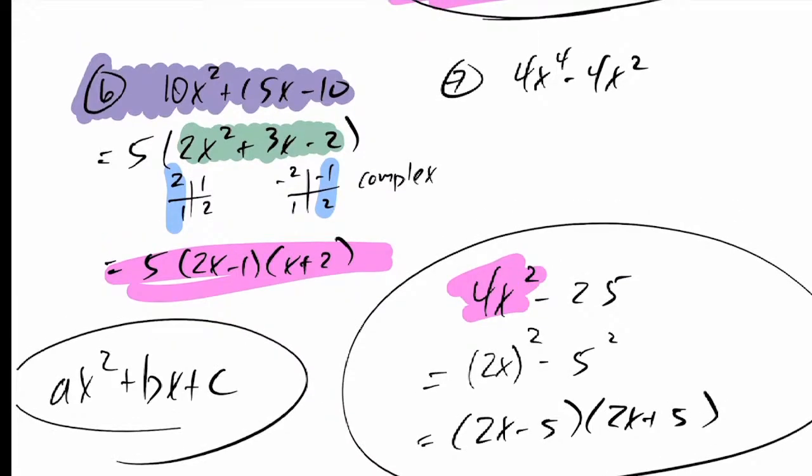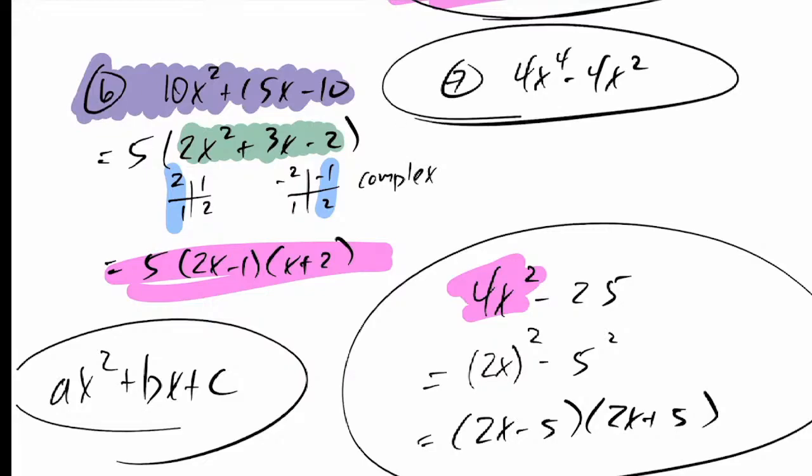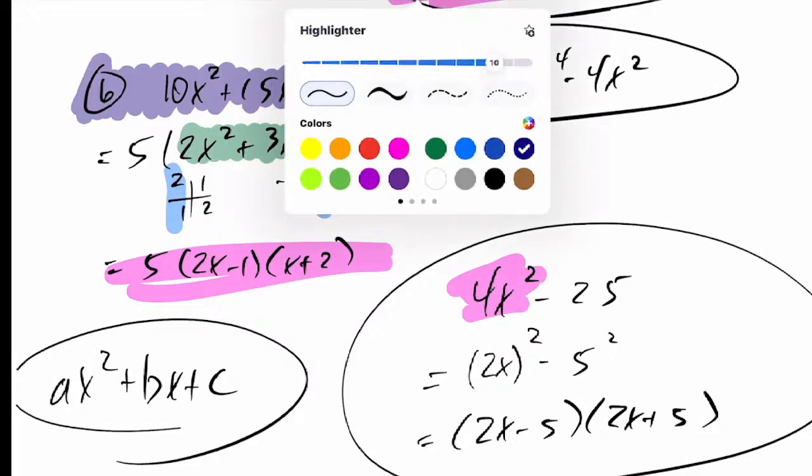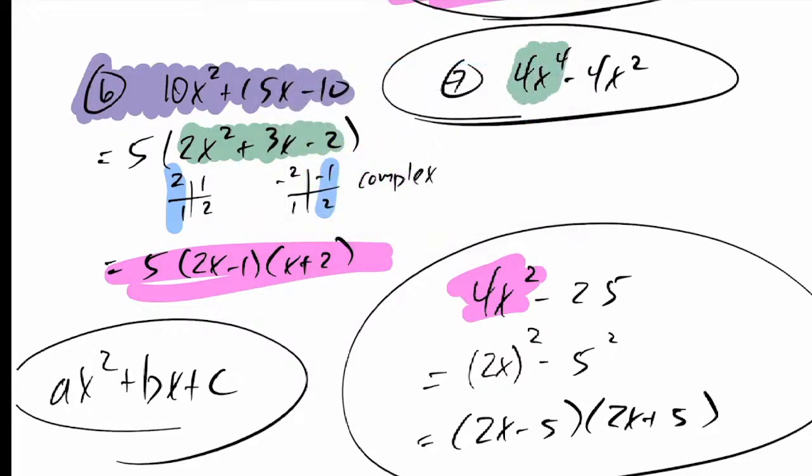Now, number 7, we're going to do a GCF on this first. Does anyone know what the GCF is for 7? What would the GCF for 7 be here?